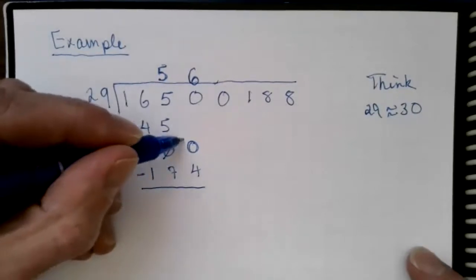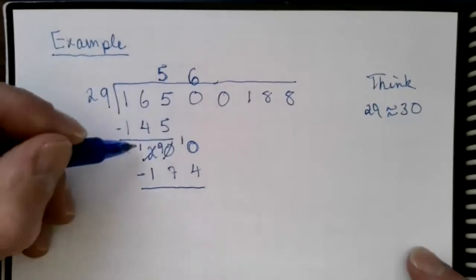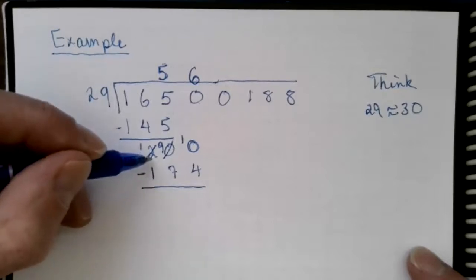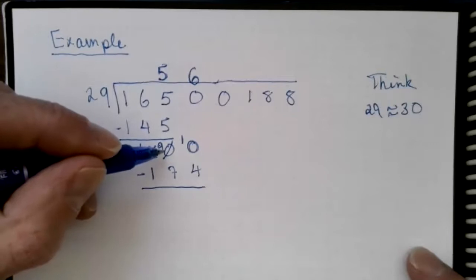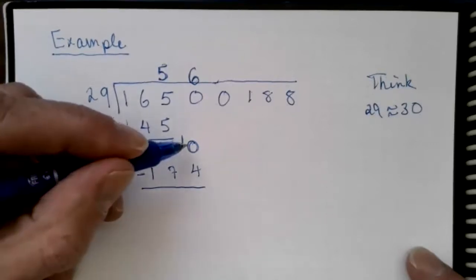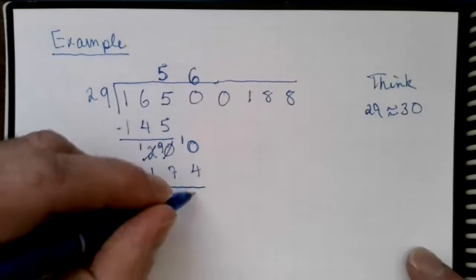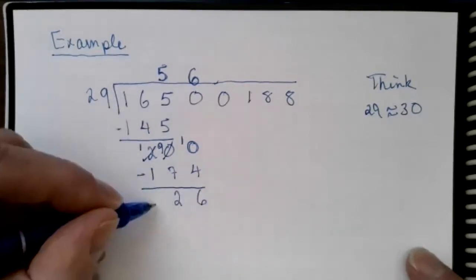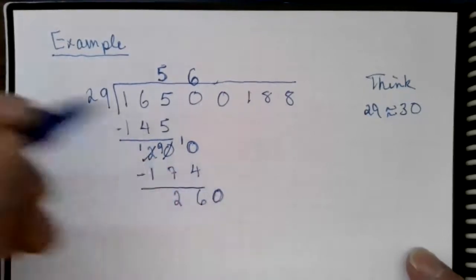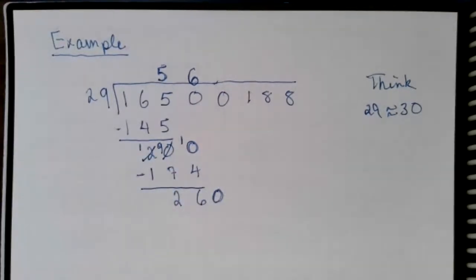I put a 9 there, and then I'm putting a 1 over there. So I unbundle in my hundreds place. That gives me 10 in my tens place, and I'm going to unbundle that to give me 10 in my ones place. Now I can take away the 4, that's a 6, that's a 2, that's a 0. 260.